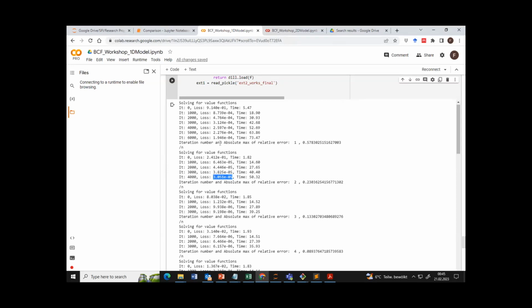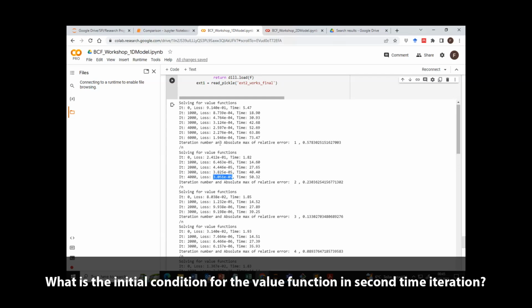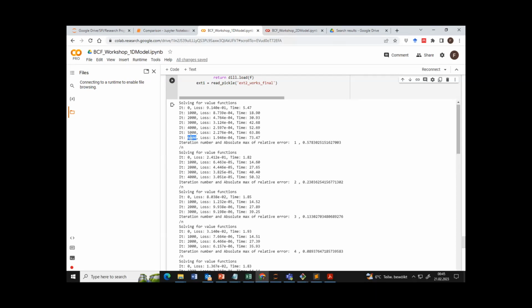So the easiest way to resolve your confusion is to think of solving from capital T minus delta T every time. In the next iteration, the new time becomes capital T. The one that came out of here, you have a much better initial guess now.